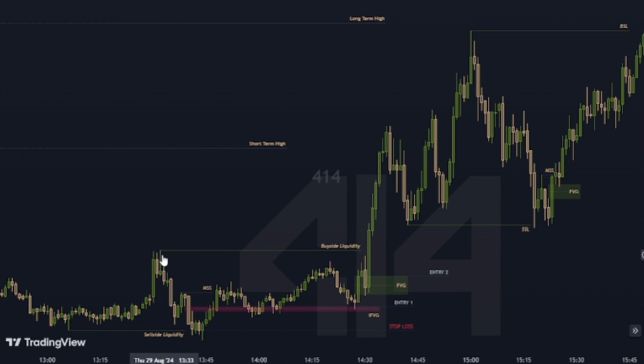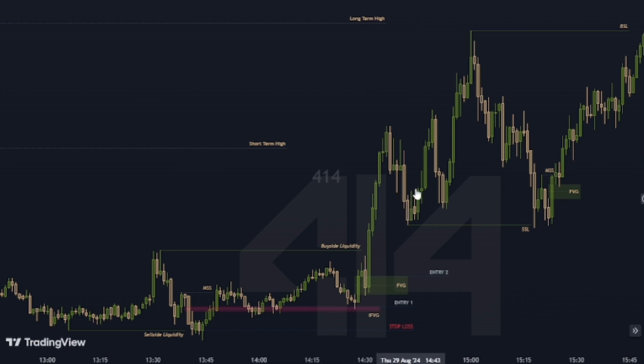So price comes back into it, comes back into it again, comes back into it again. It creates another fair value gap here for us to enter, and comes back into it. There is a run above that old high, and then to the short-term high that we marked out.